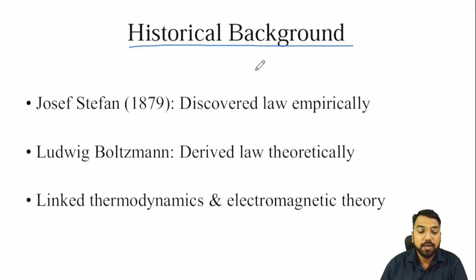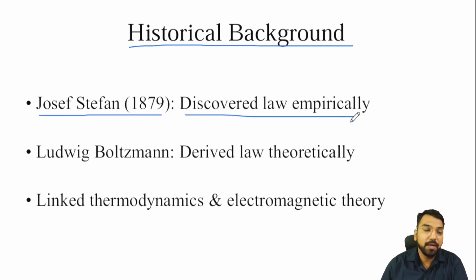Now the historical background of the Stefan-Boltzmann law. Joseph Stefan in 1879 discovered the law empirically, meaning that with some experimentation he showed that radiation heat transfer is directly proportional to the fourth power of the surface temperature of an object.